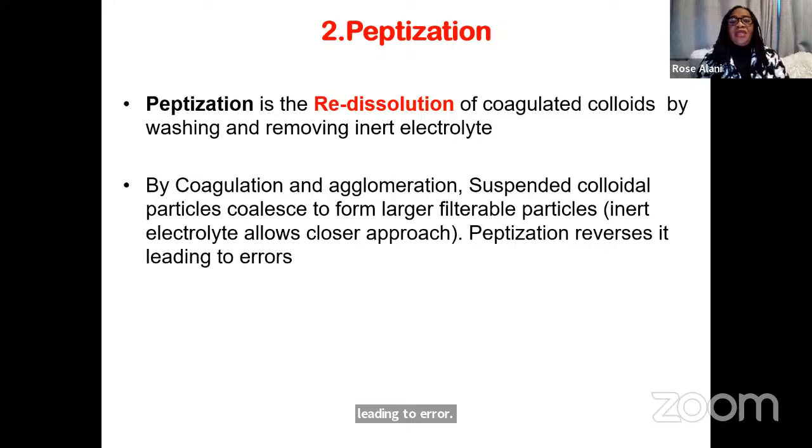Peptization releases it by redissolution of the coagulated colloids, and so this leads to error.